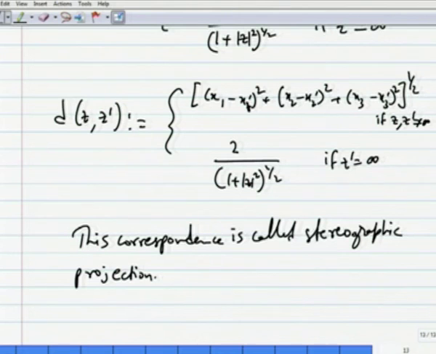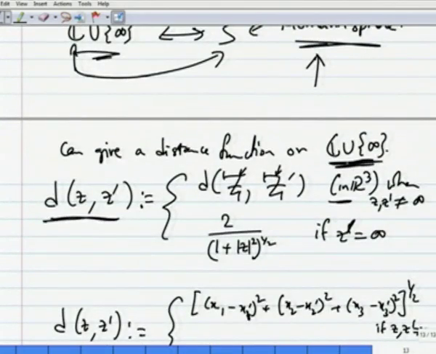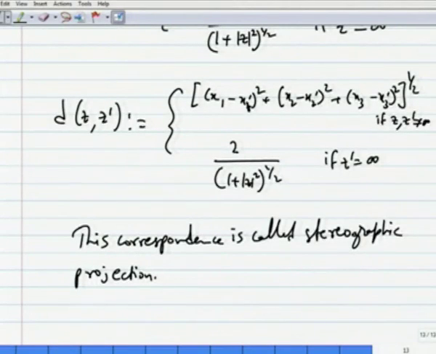So, using the stereographic projection, we have this point at infinity being added to this complex plane. And then in C union infinity we have arithmetic as well.